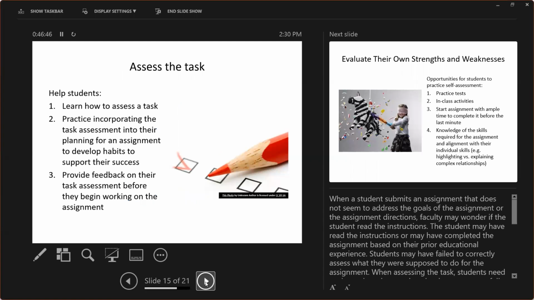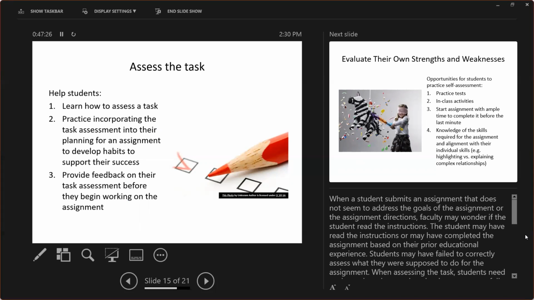And the first part of that self-directed learning cycle is that the student needs to be able to assess the task. And when they're assessing a task, they may not do it the way you think they would do it. And sometimes faculty will say, well, I received these assignments and they just don't address what I requested. You know, they don't address the instructions that I provided, and they don't address the goals of the assignment.